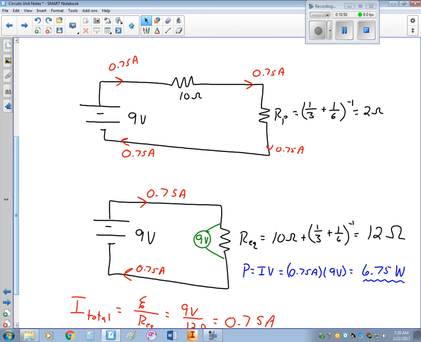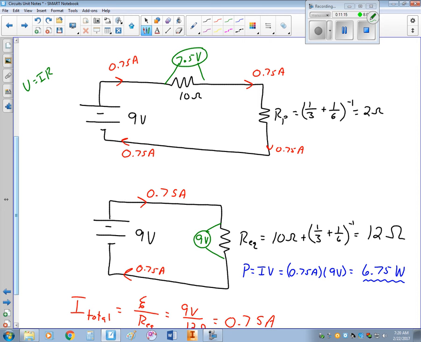Now let's talk about voltages. Ohm's law says that V equals IR. If I take 0.75 amps times 10 ohms, I would find that I have a voltage drop of 7.5 volts across this resistor.